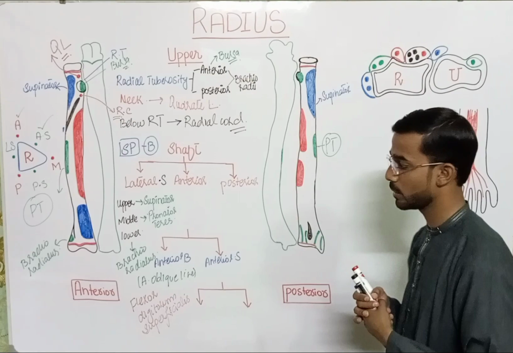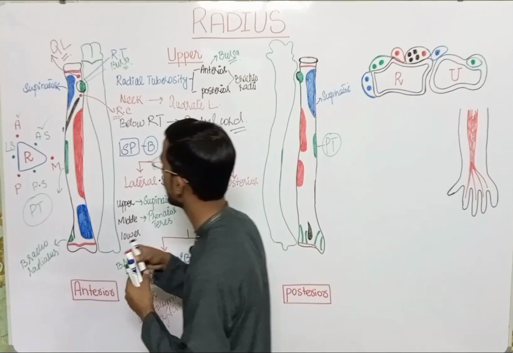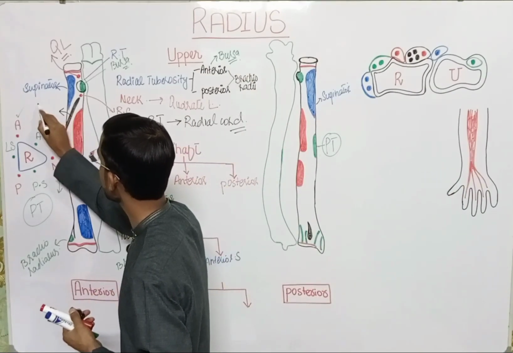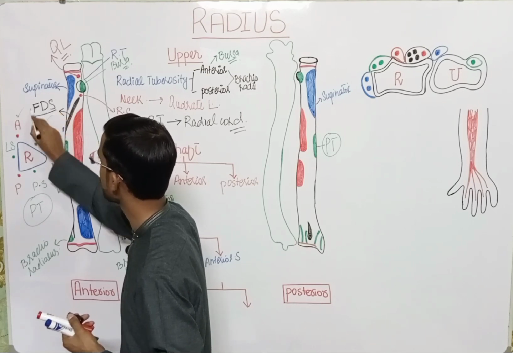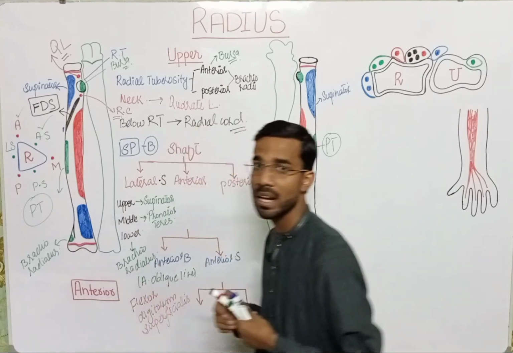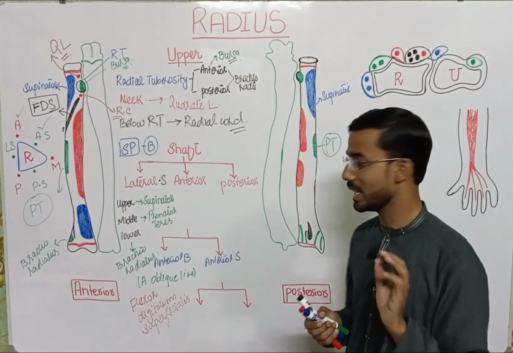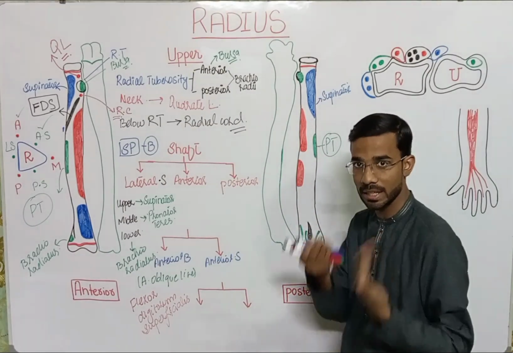This point is very much important, and this muscle is here. This one. The Flexor Digitorum Superficialis muscle is present at the anterior oblique line. So this is the anterior border.